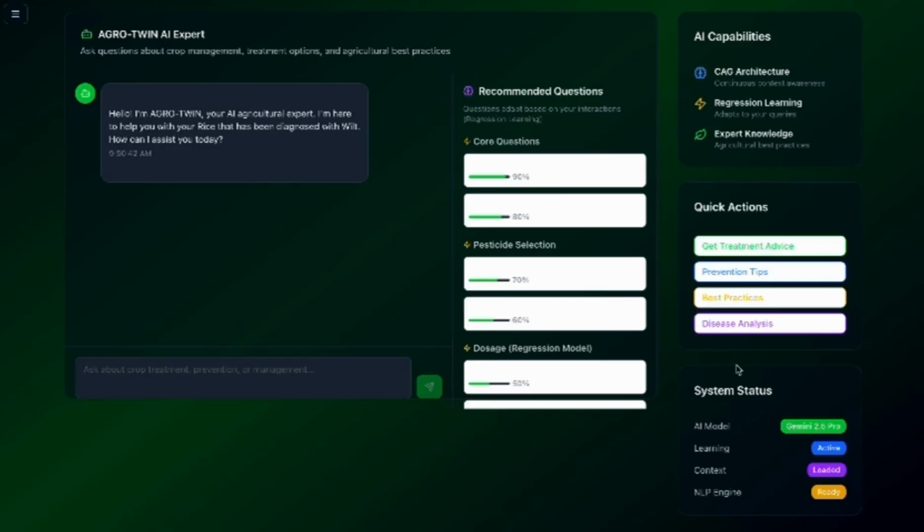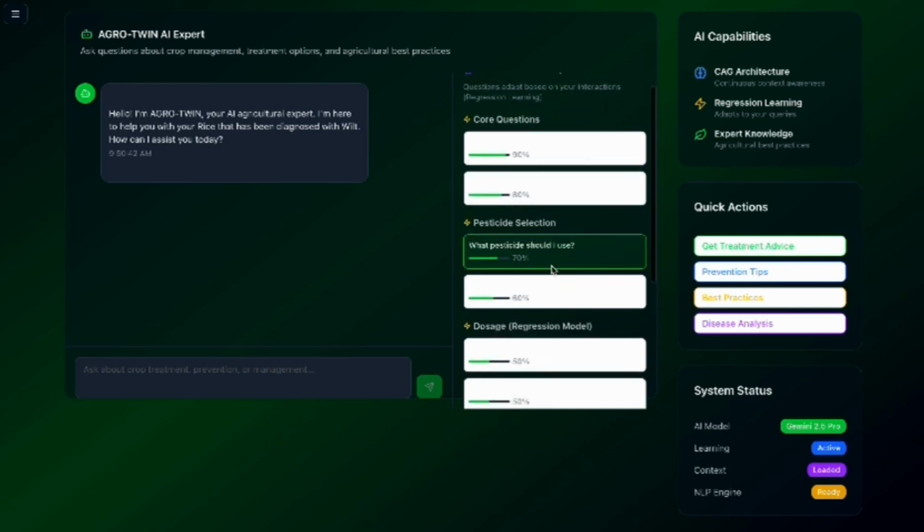Yeah, this is a chatbot which we built using AI, and we have some predefined questions like, see, 90% of the people are interested in this particular question, what is the problem with this crop, okay, and 80% of the people, is it a serious problem, pesticide selection, what pesticide should I use.